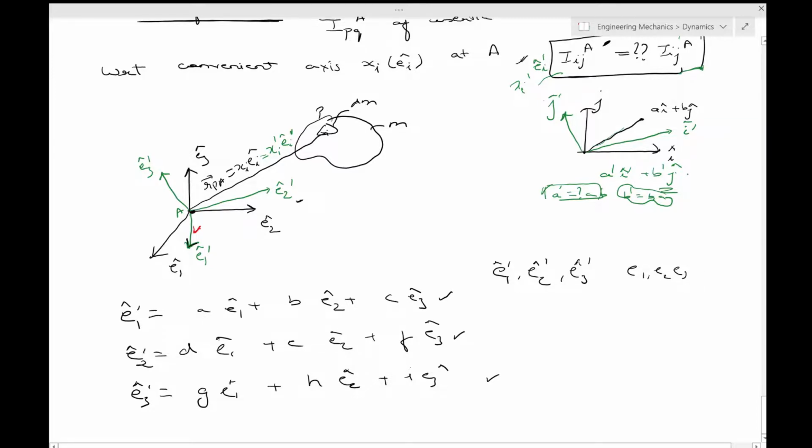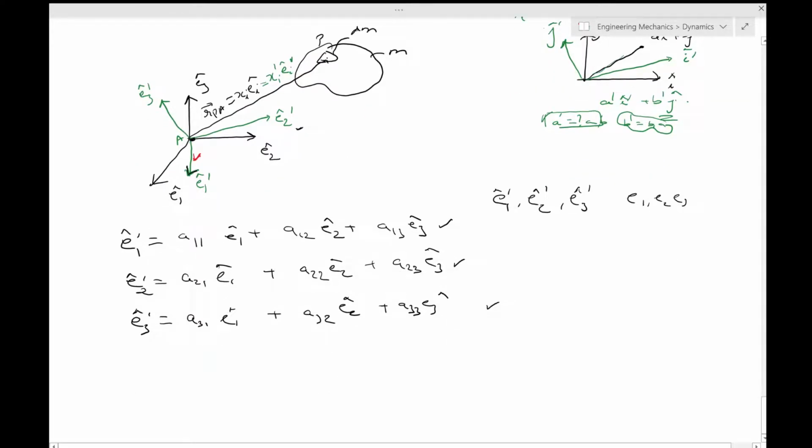Now I want to replace these scalars by some convenient numbers, which are A11, A12, A13, A21, A22, A23, A31, A32, A33.